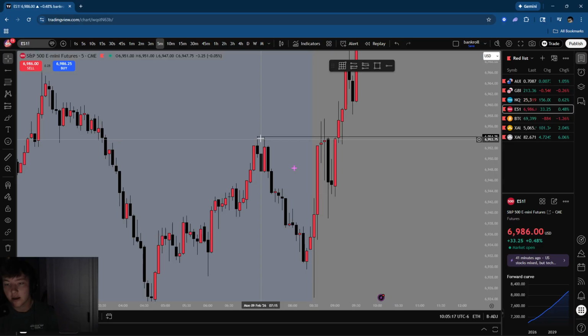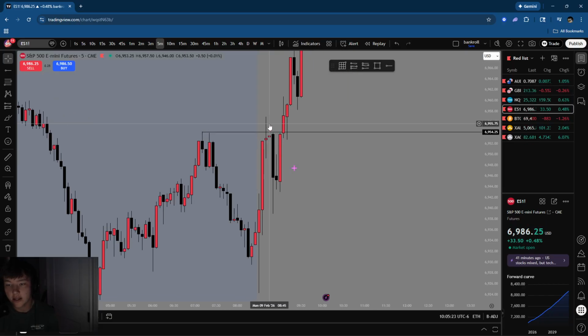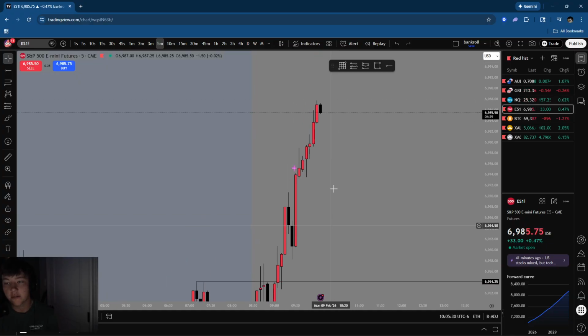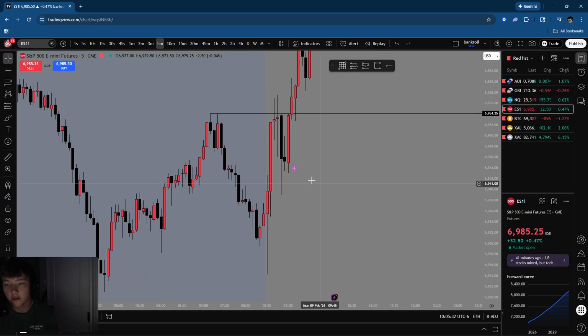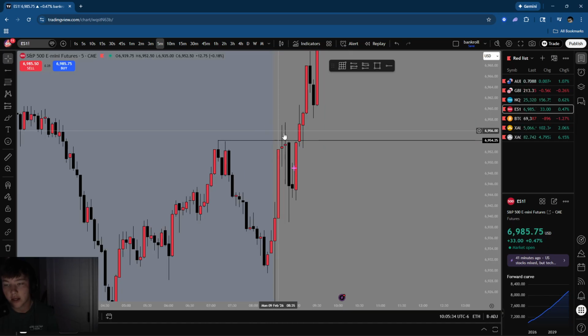What made us go down was we filled sell orders right here. So whenever we hit this high again, we're going to go down a little bit because we're hitting those sell orders, but then our buy orders come back through, and we're going to break this high.